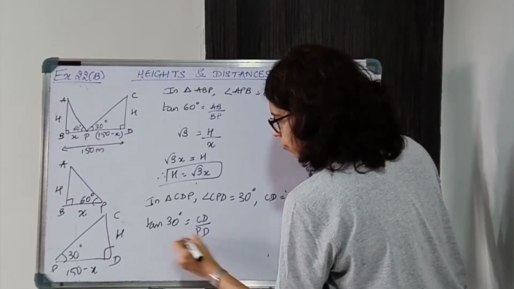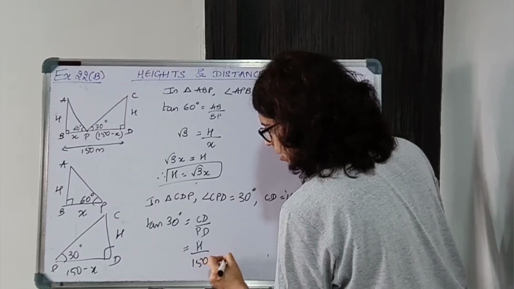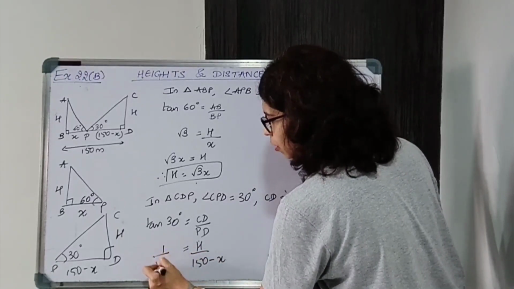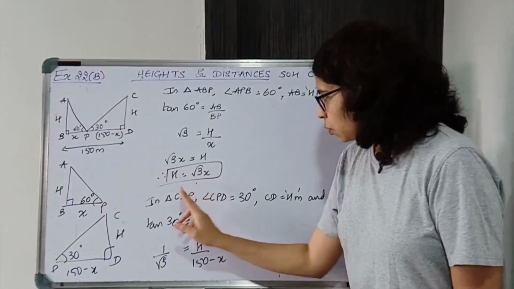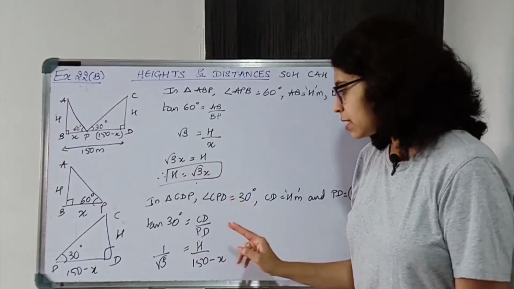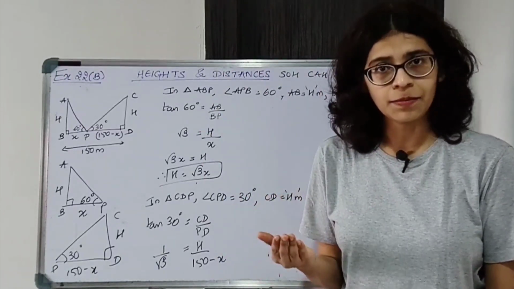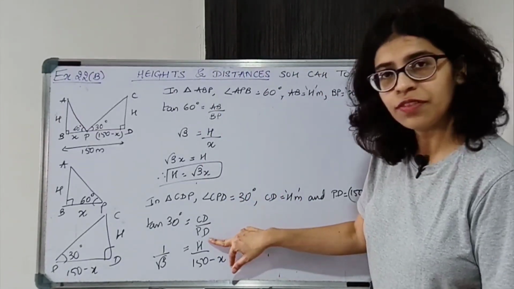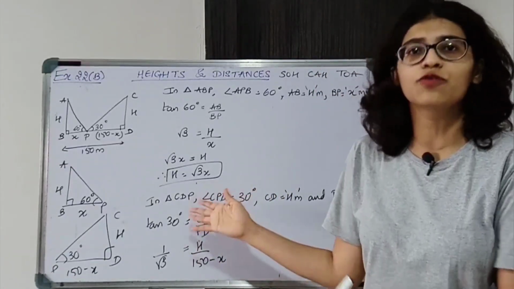So opposite CD is H, PD is 150 minus X and tan 30 from the table you get 1 upon root 3. ठीक है. Now we know H is equal to root 3x, so in place of H we'll substitute root 3x. ठीक है. We don't want two unknowns. We'll try to bring only one unknown. पहले x find करते हैं, फिर h find करेंगे.